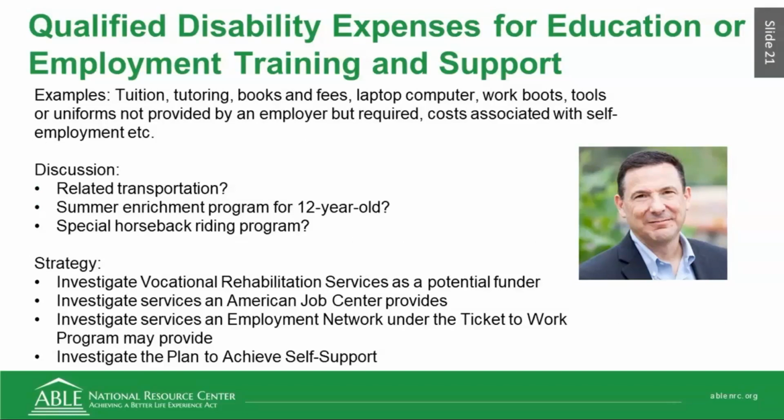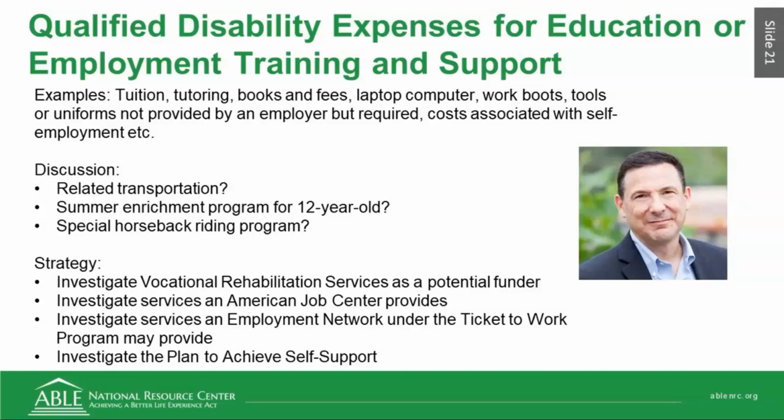I would include in examples of education or employment training and support tuition, tutoring costs, books and fees, laptop, computer, work boots, tools or uniforms not provided by an employer but required. So far, you didn't hear me say disability related. Yet some of the examples I'm going to give are costs associated with self-employment, etc.